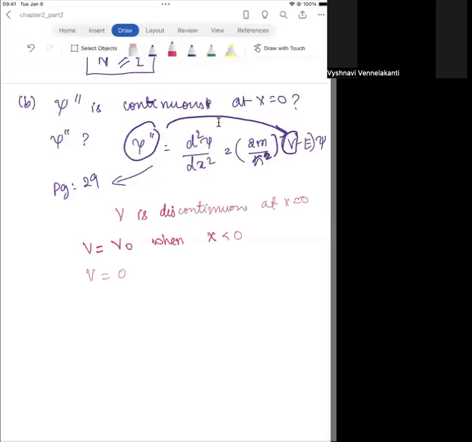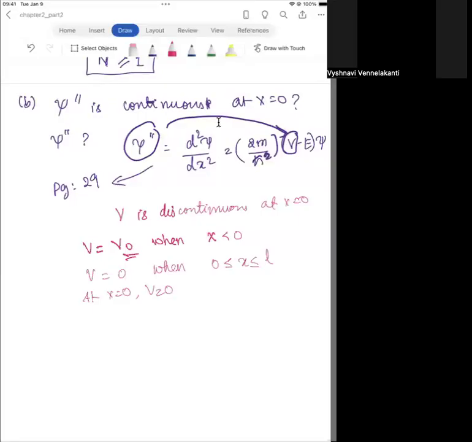But the potential is equal to 0 when 0 is less than or equal to x is less than or equal to L. So at x equals 0, your potential is 0. But when x is less than 0, your potential is V0. So clearly your potential is discontinuous at x equals 0.